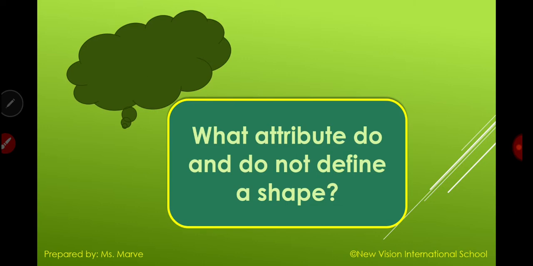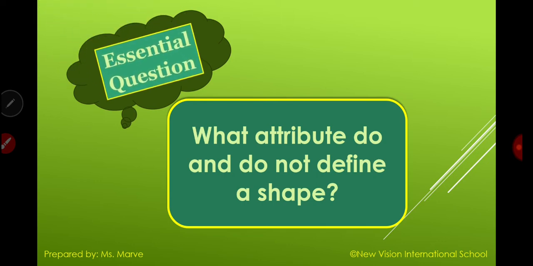Okay, now, what are the essential questions that we need to always remember? At least one question. First, what attributes do and do not define a shape? Again, what attributes do and do not define a shape? What do you think is your answer?